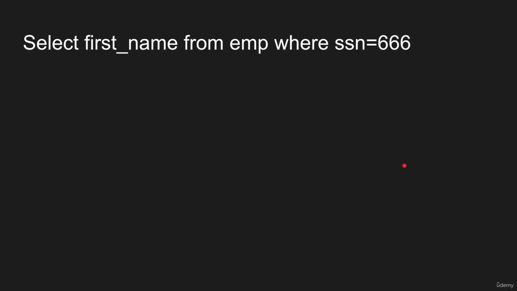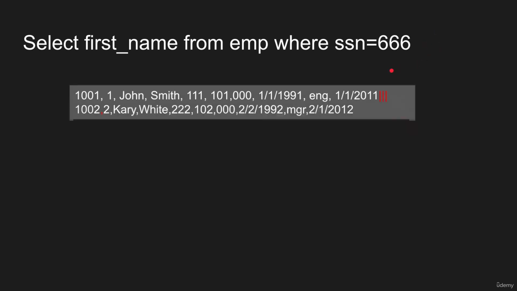So let's execute our first query against a row oriented database. I'm looking for the first name of the employee whose social security number is 666. The devil. All right, so let's pull it. I have to start from the top, right?